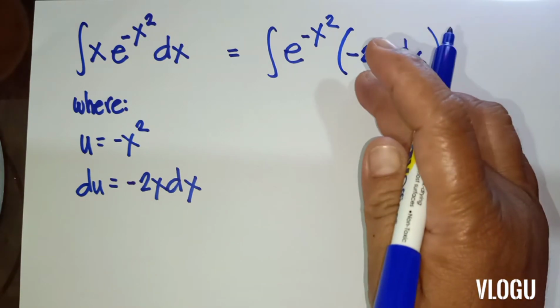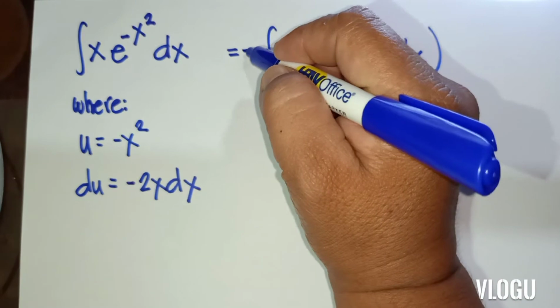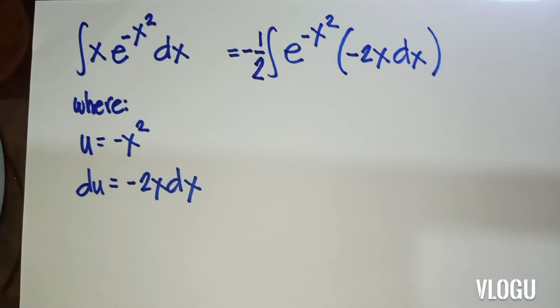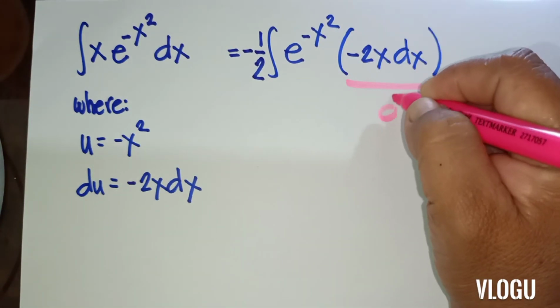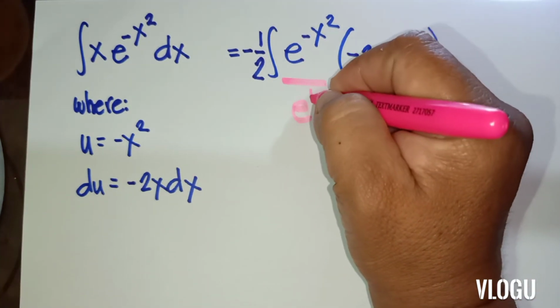Since we multiplied by negative 2 for our du, we multiply by negative 1/2. We now have a form of e^u du. This one is du, this one is e^u.